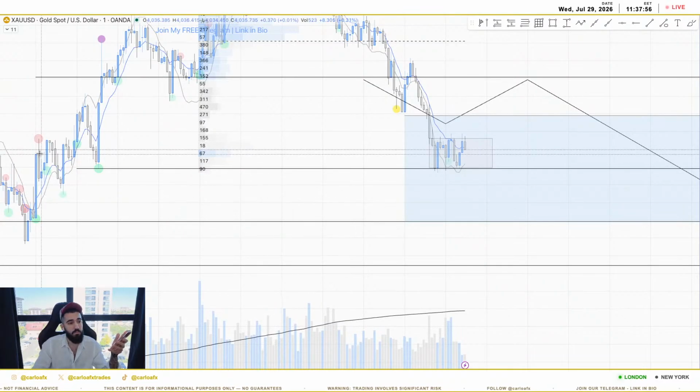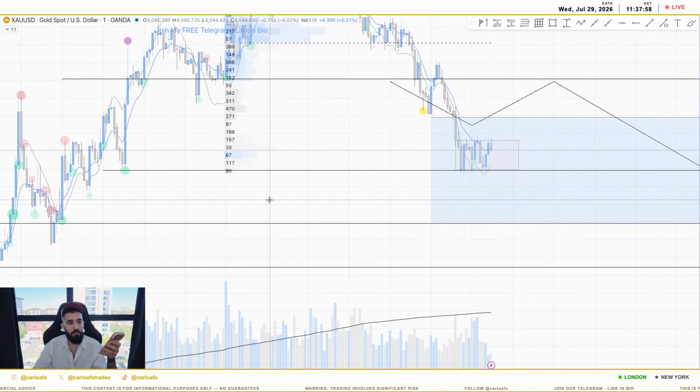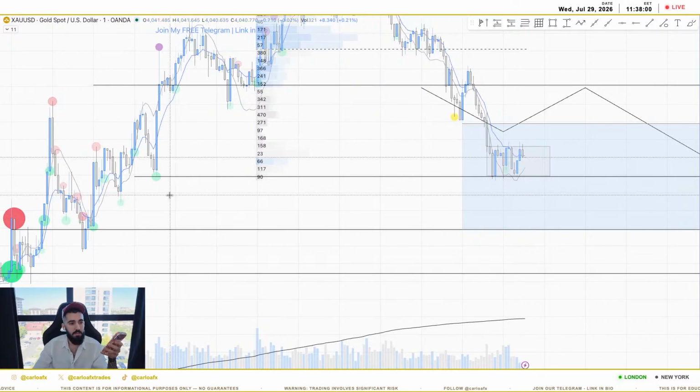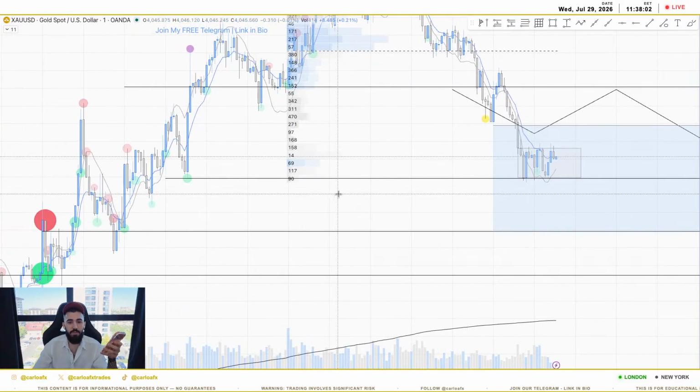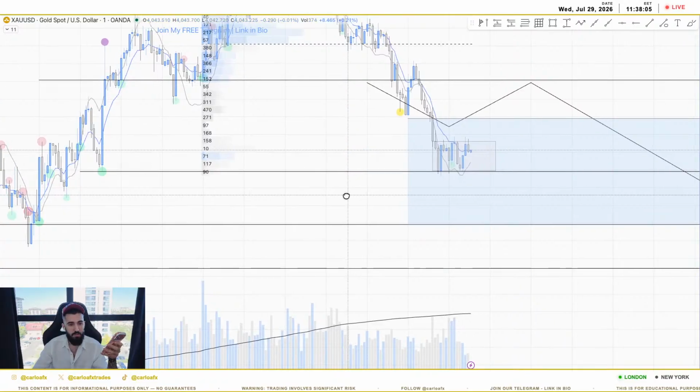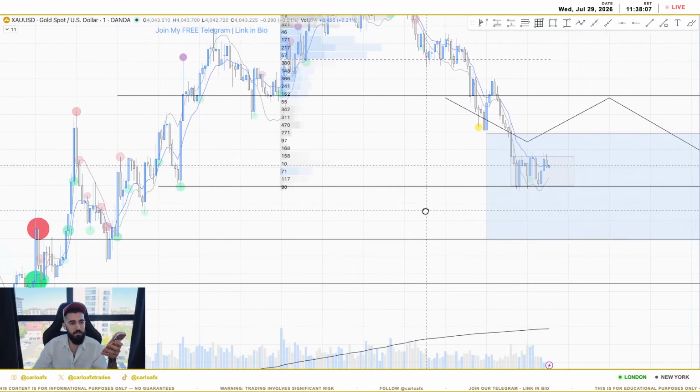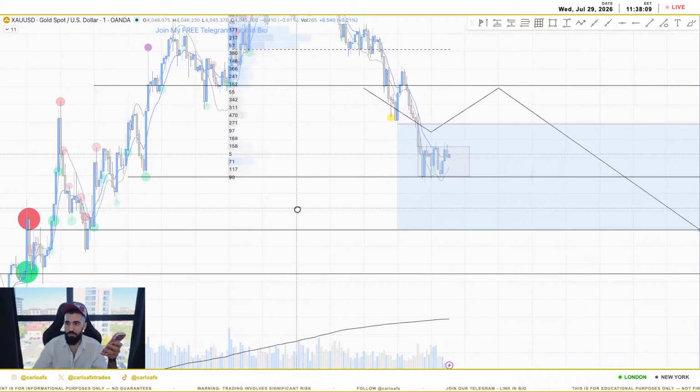That's why it's so important to look on multiple time frames, because you can see that here you have a strong support area. And taking out some profits from that trade was so important.